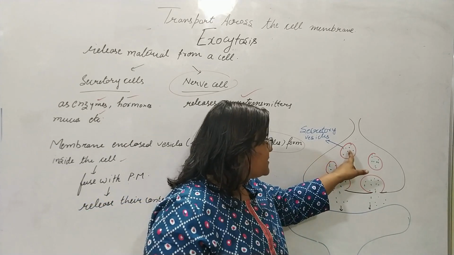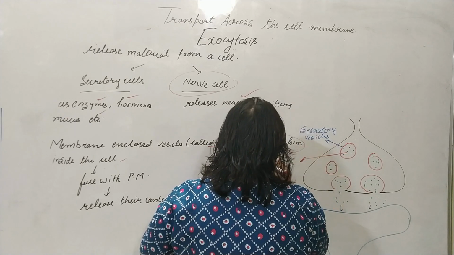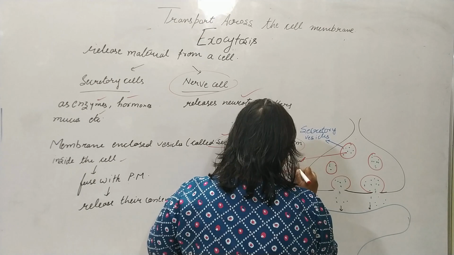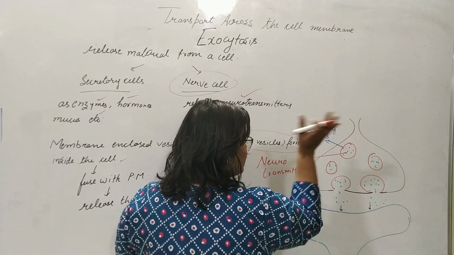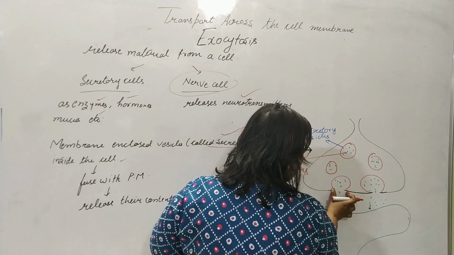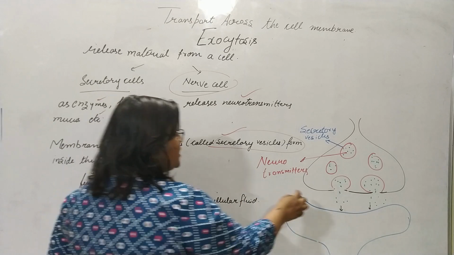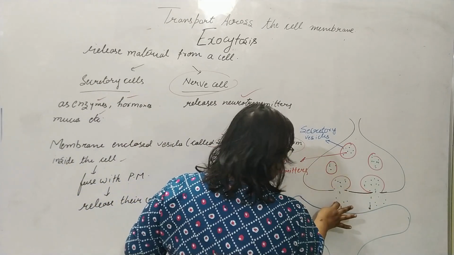The secretory vesicles having the neurotransmitters fuse with the nerve membrane and release their neurotransmitters.